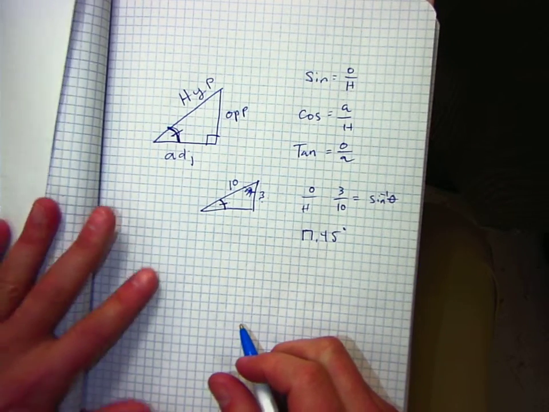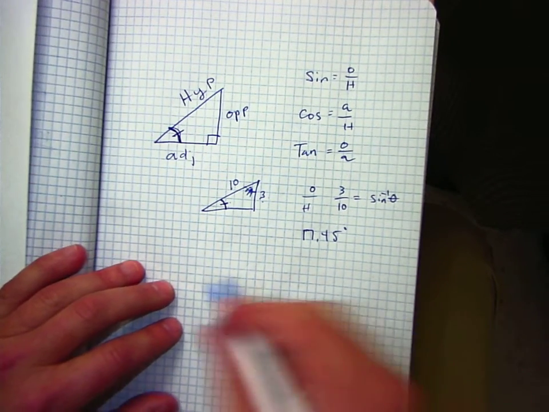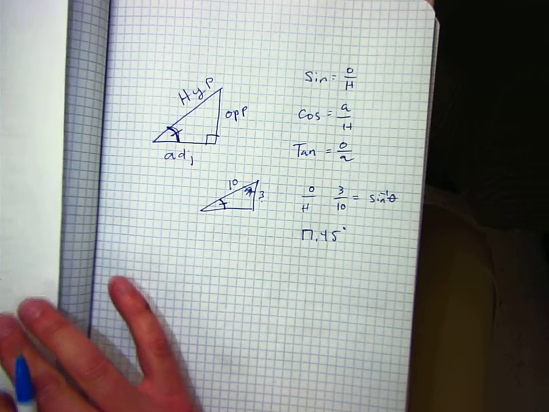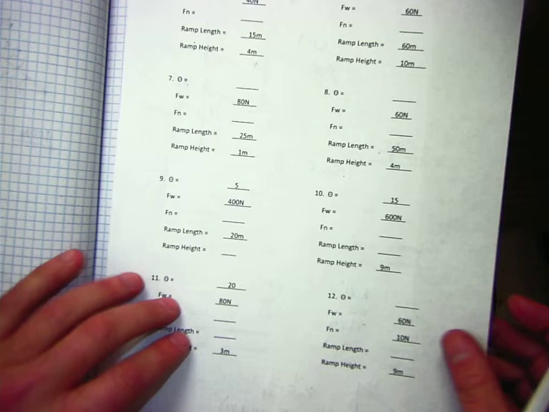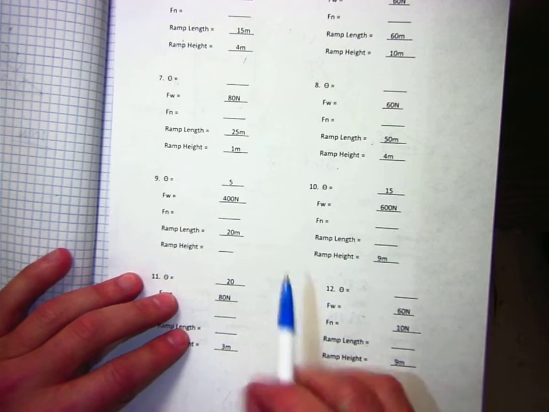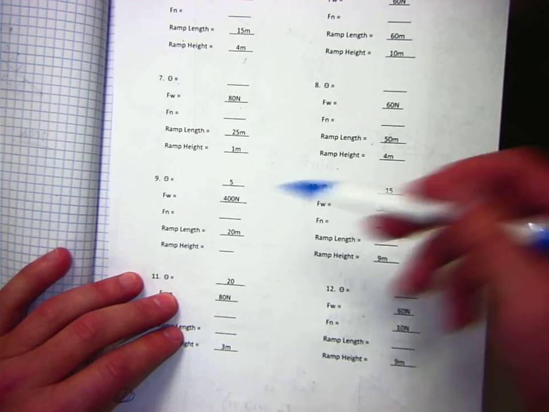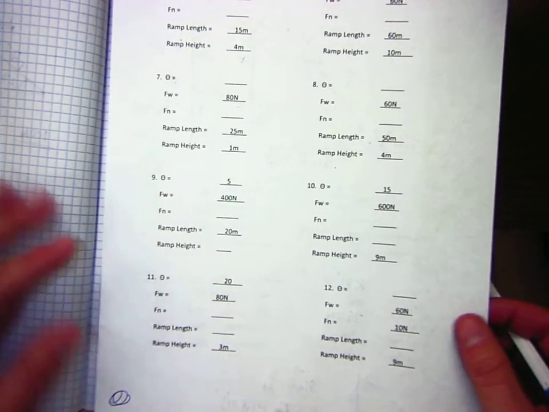Let's say I'm not given everything I need. So let's go to problem number 9. In this worksheet, problem numbers 9, 10, 11, and 12 are not like video 1. These are all used for video 2.